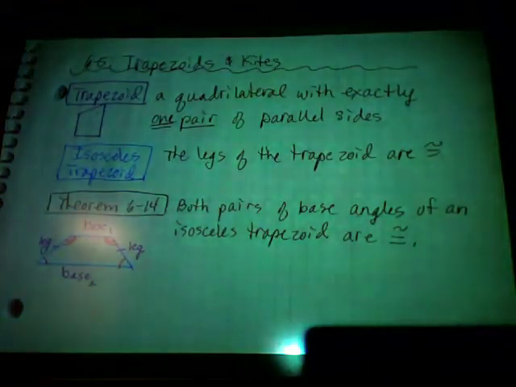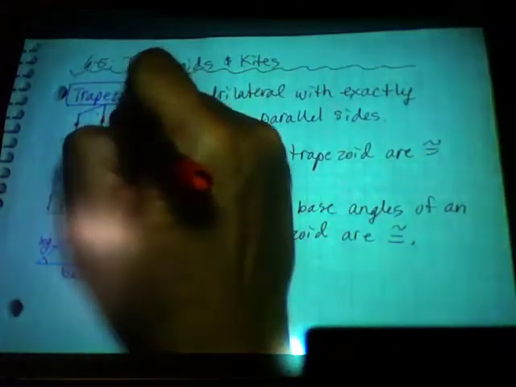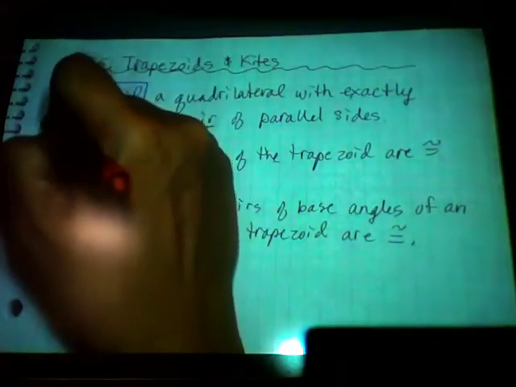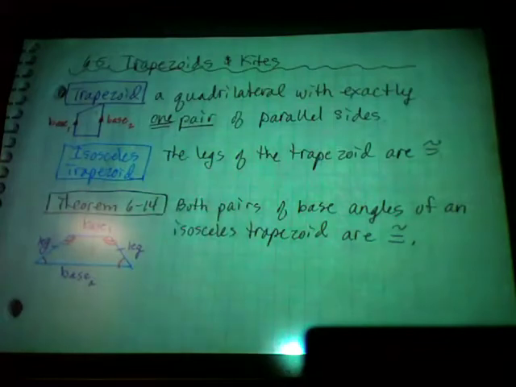You can see that these two sides here are parallel. So this would be a base, and this would be a base. I'll call that base 1 and base 2. So it doesn't always sit on its base. They like to rotate it to confuse you. But all you need is one set of parallel lines.